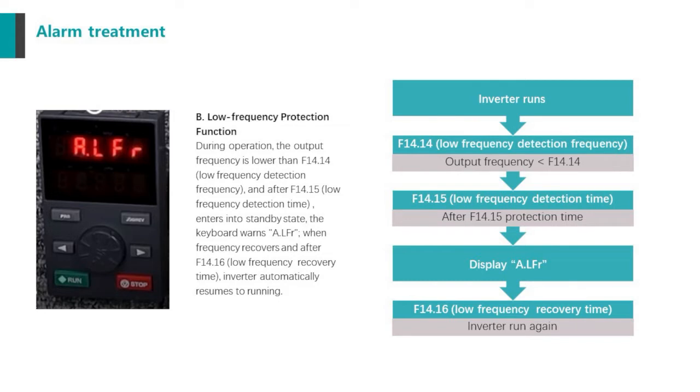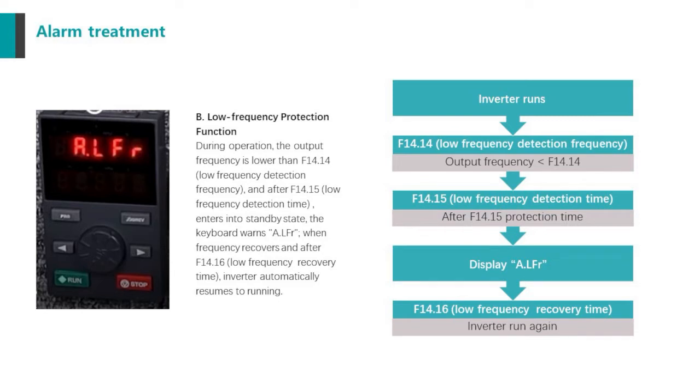If it drops lower than F14.14, the low frequency detection frequency, and after the time set by F14.15, the inverter will enter the standby state and the keypad will display A.LFR. When the frequency recovers and after F14.16, the low frequency recovery time, the inverter will automatically resume running.